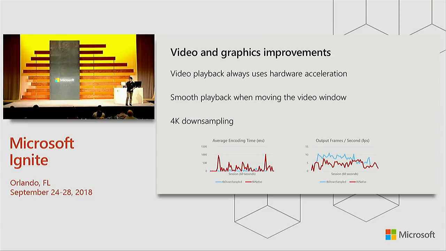We also made investments in adapting to 4K monitor solutions. We know that the world is moving to 4K devices, and we want to make sure that even if you do have all those pixels displayed, it's not just eating up all your bandwidth, and that you do get a good experience, especially if you're streaming videos. I have a couple of charts at the bottom of some of the testing we did.